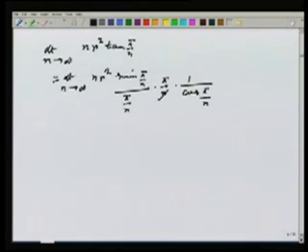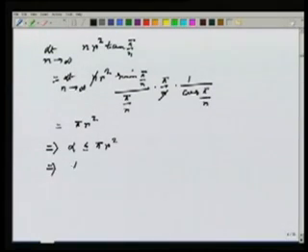As in the previous case, these two n's cancel each other and what I get is pi r square. So this implies now that alpha is less or equal to pi r square. These two together imply then that alpha is equal to pi r square, which is the area of the disk of radius r. So this we call the area of D.